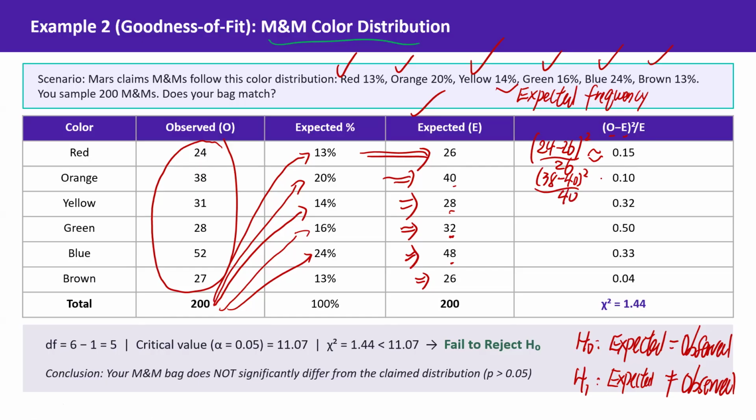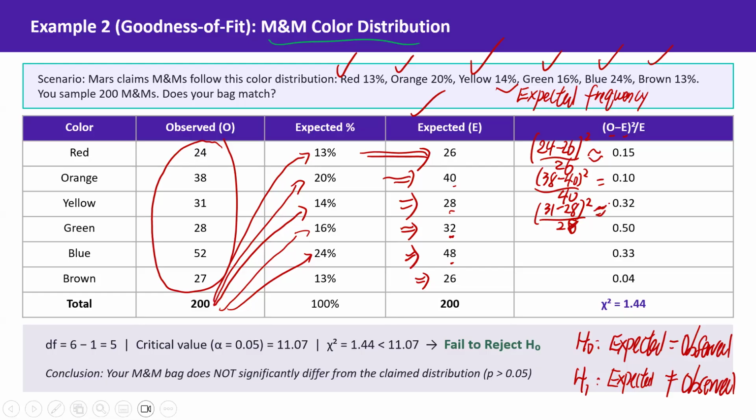This turned out to be 0.1. This one is the exact value. And then the third one is 31 minus 28, square that, over 28. Once we do the calculation, it's approximately equal to 0.32.